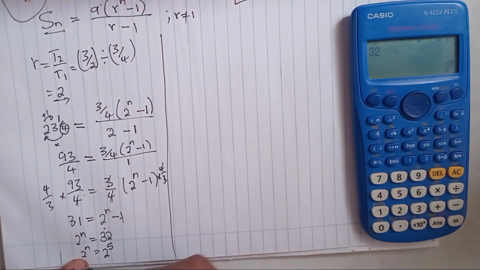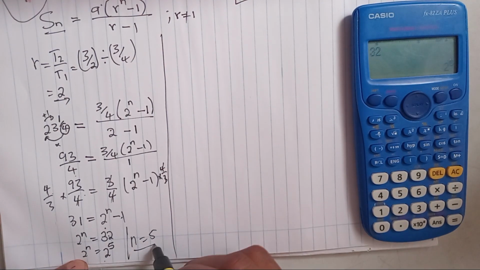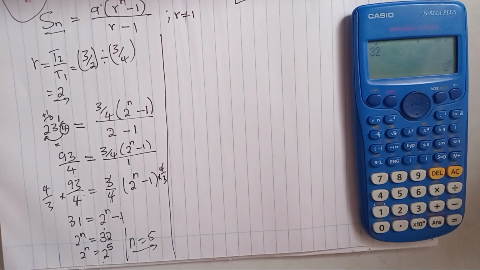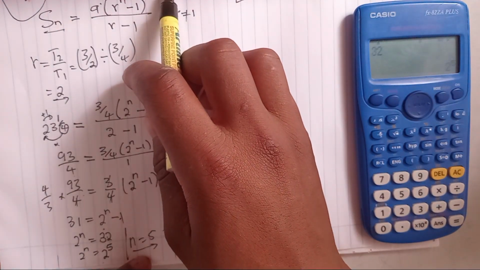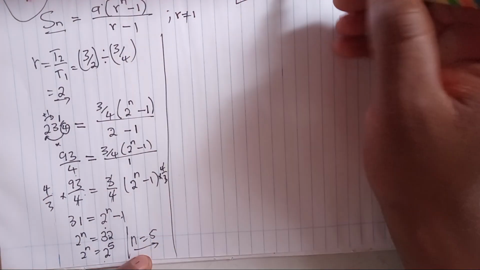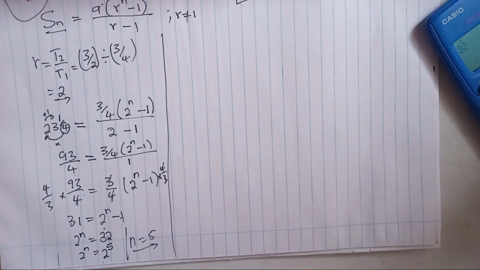Since the bases are the same, now you equate the exponents. It means that the number of terms that you're going to add in this series in order for you to get 23 and a quarter, there are just 5 terms. So that's how you work along things.